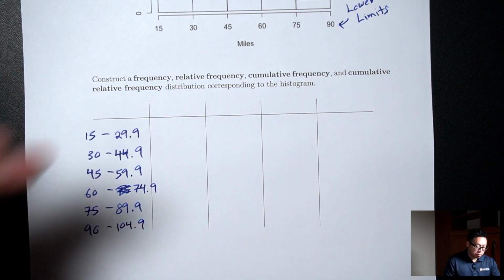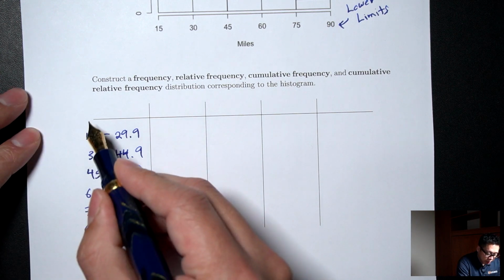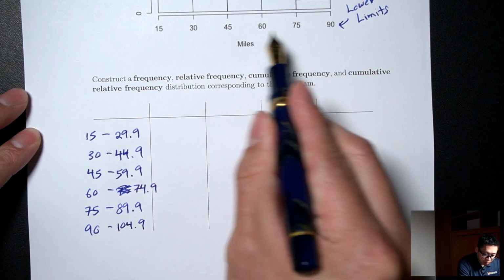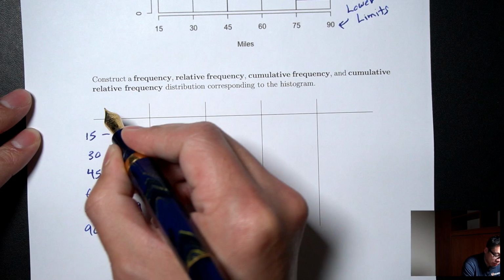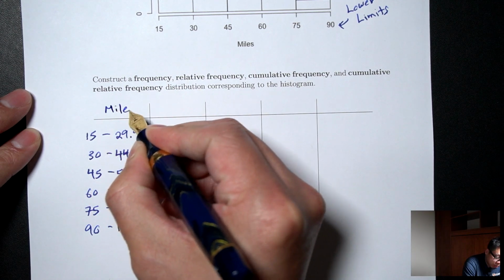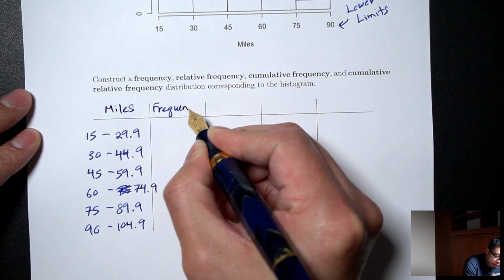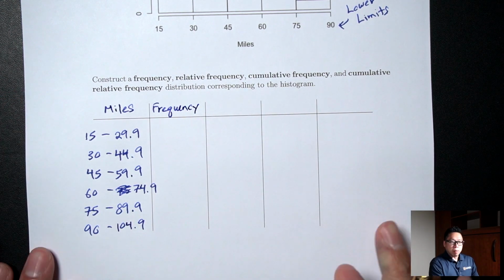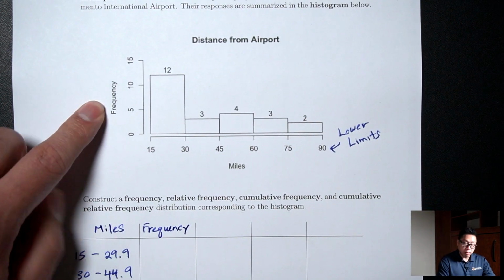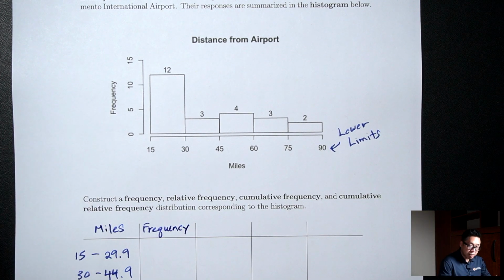And let me also title this column. These numbers we got from these numbers right here, and they represented miles. So all these numbers are miles. And then we're going to find a frequency. Now, this is a frequency histogram, which means the heights represent the frequency.